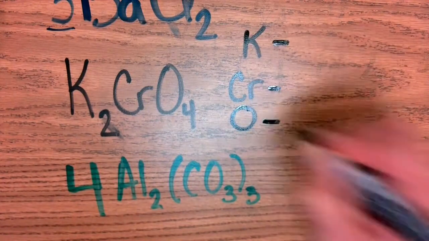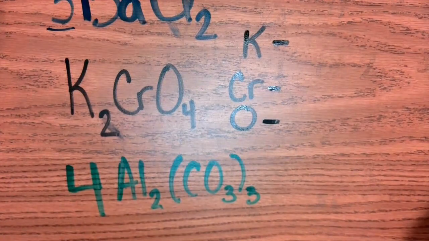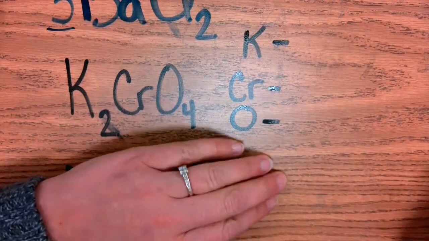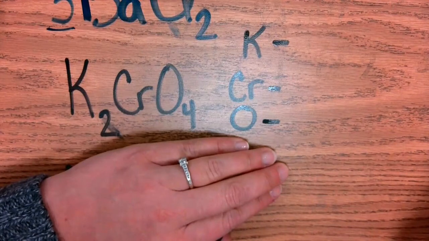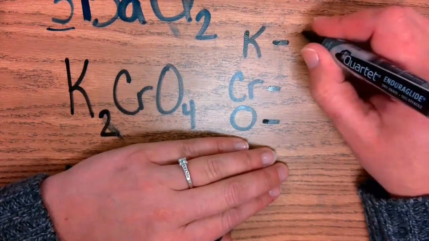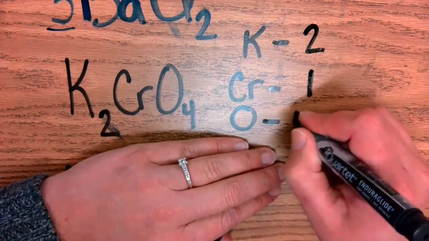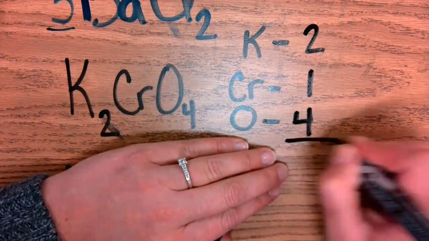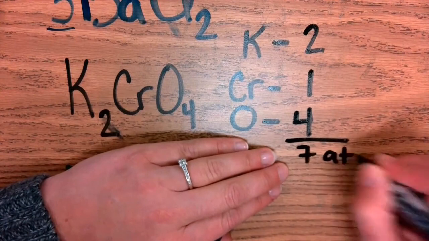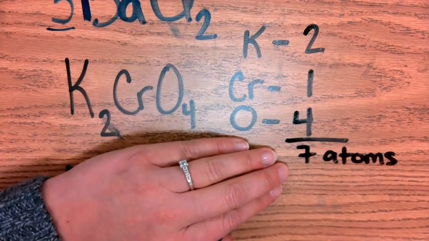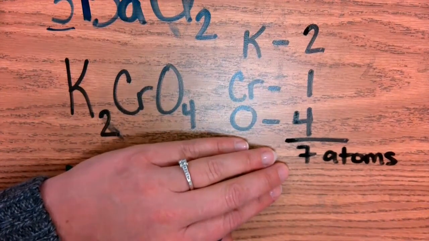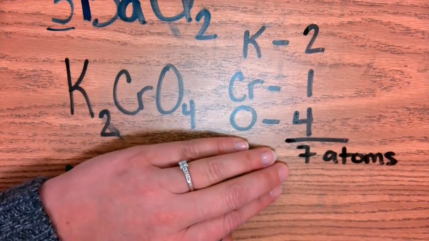Can you tell me how many of each atom you have, and then the total number of atoms? If you said 2, 1, and 4, for a total of 7 atoms, you would be correct. Again, pausing and practicing now will help you later on.